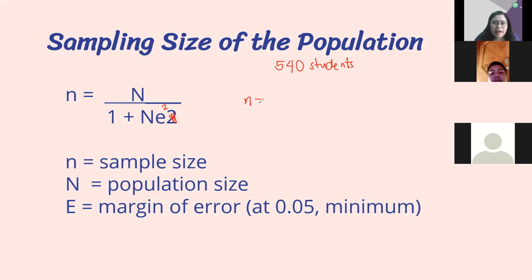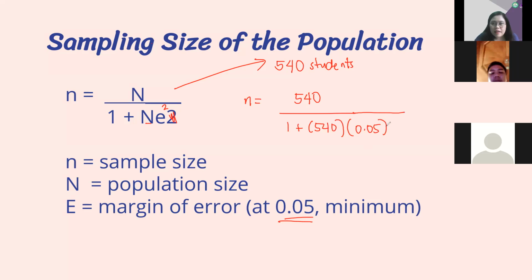So you compute: n is equal to, this capital N is the population size, so this is 540, divided by 1 plus, this one is still capital N, so again 540, times our room for error, this is 0.05, that is 5%.